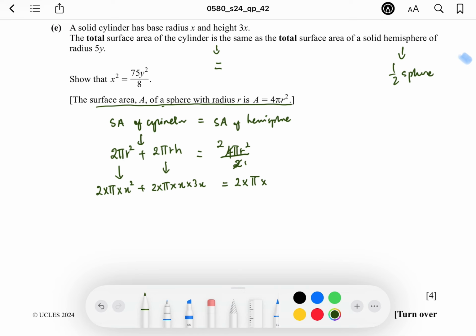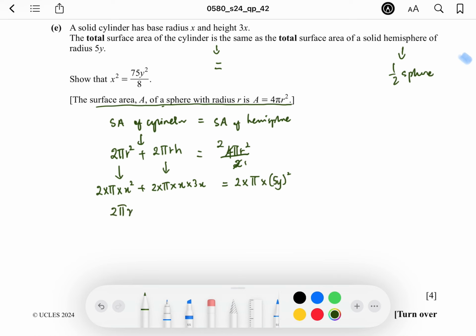Baca betul-betul. 5y square. Okay, 5y square-nya simpan dalam bracket, or else kamu multiply y saja. 5-nya tetap sama. Salah. Because radiusnya is 5y. So radius square, 5y the whole thing square. Ada harapan usulnya kan sama?